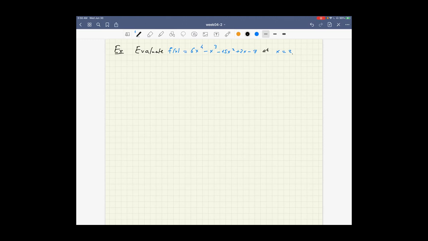Rather than directly plugging 2 into this polynomial, we choose to divide the polynomial by x minus 2, and by the remainder theorem, the remainder in this division will be exactly the value of that polynomial at 2.